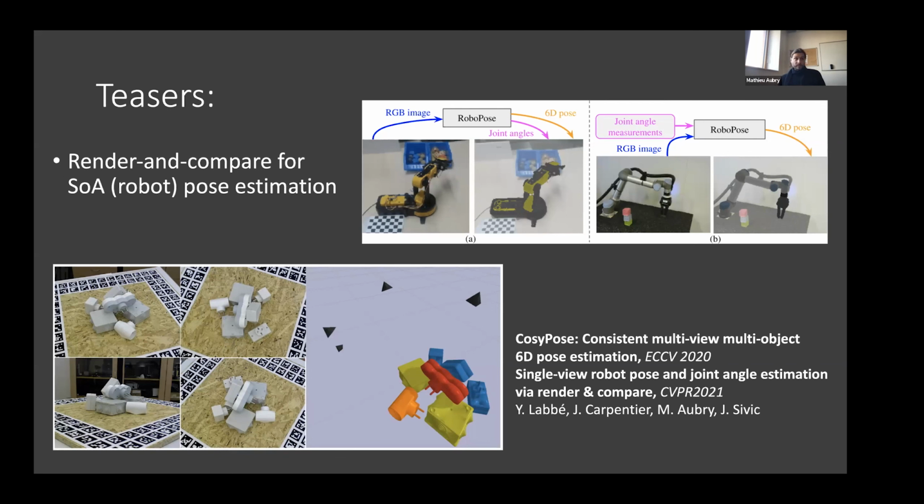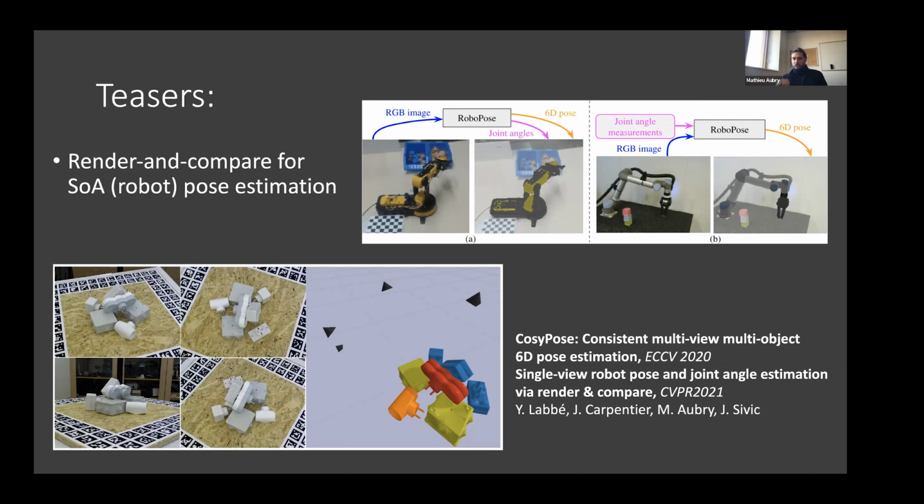So here it's really a robotic application, and you want to do 6D pose estimation of objects, either a set of objects in a complicated setup with multiple views, or a complex object, for example, a robot which has articulation, etc. And so what we developed for this problem was an approach that in pose estimation, people tend to call render and compare, but to me, render and compare is pretty much the same thing as analysis by synthesis. So you have some prediction of what the state of your scene is, you render your scene, and you compare it with the actual scene, and from that you predict updates, in this case to the 3D pose of objects.